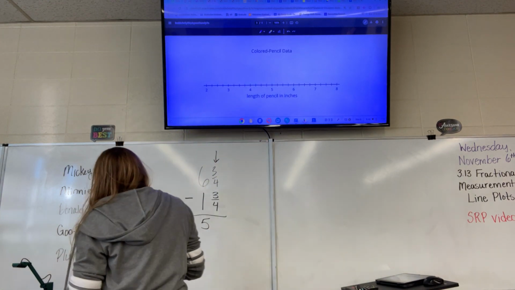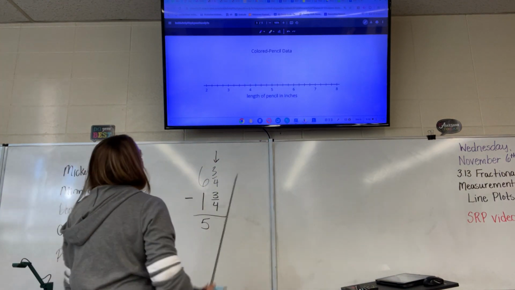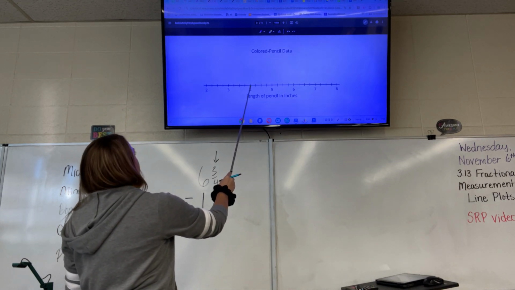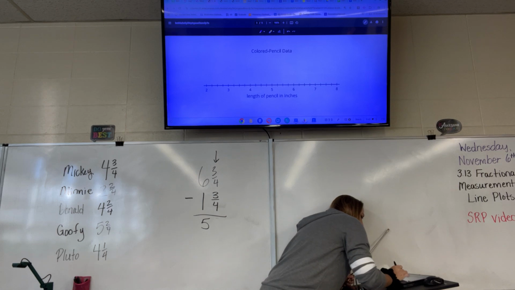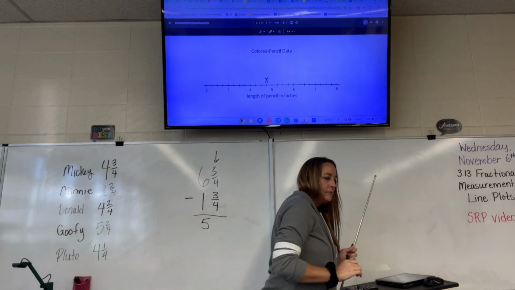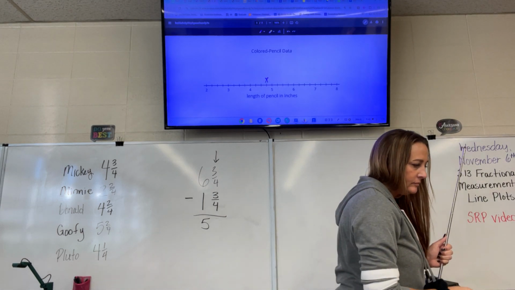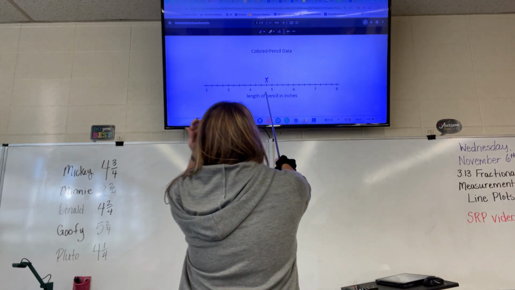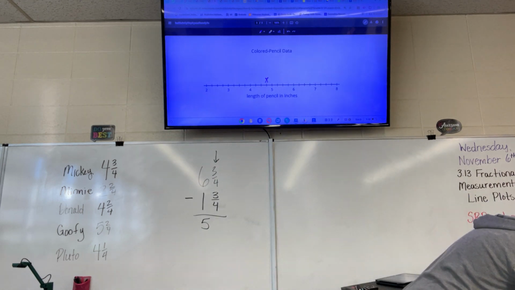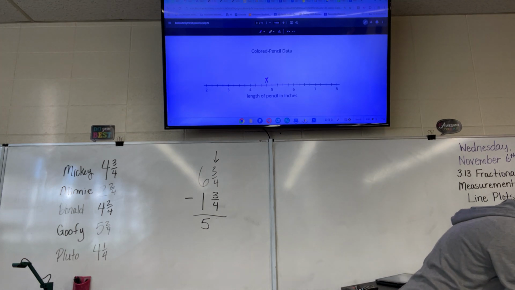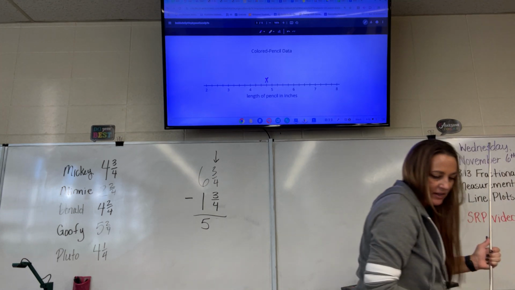So let's do Mickey's first at 4 and 3/4. So there's going to be an X at 4 and 3/4 right here. Put your X down. You got it? Okay. Not on the line. It's going to be above the line. So erase that and put it above the line.